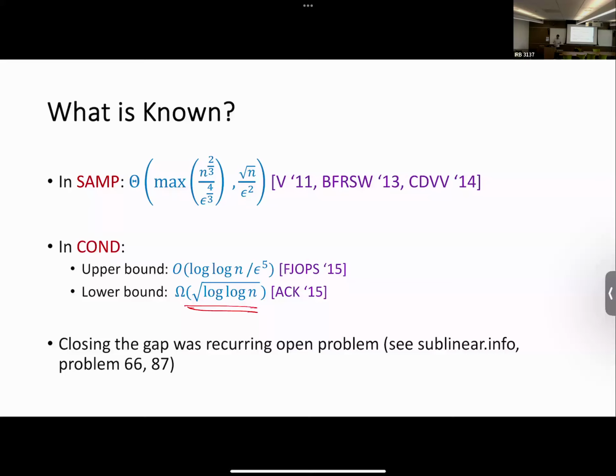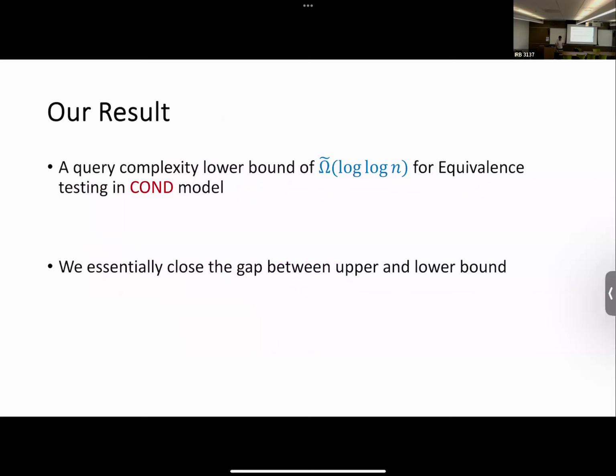But what we show here is basically we design a new technique. It is not completely new, I would say. We basically use some extra new tools and append them to the previous framework and beat this square root log log n barrier. And we show that for equivalence testing, we can get essentially an omega log log n lower bound.